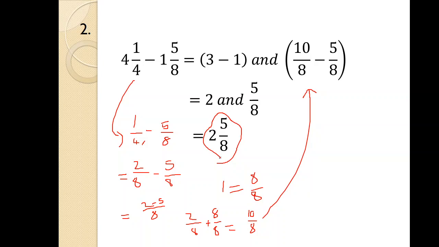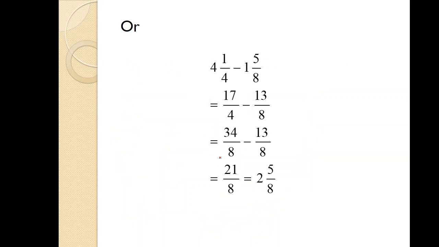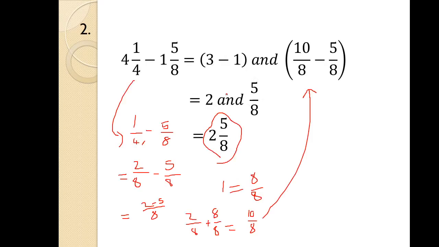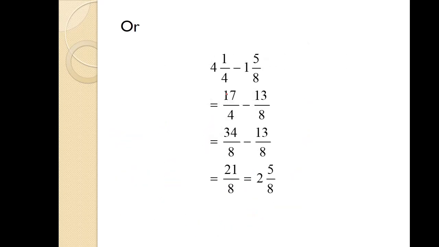Now, for the second method, we have to convert to an improper fraction first, which I think is more straightforward. Because some of you may get confused, but maybe you can go for method 2, but it's up to you.